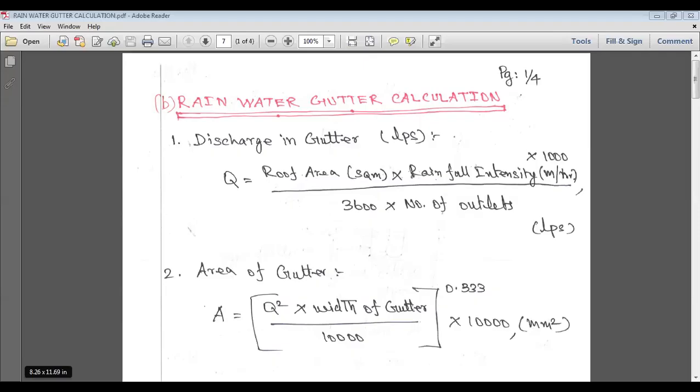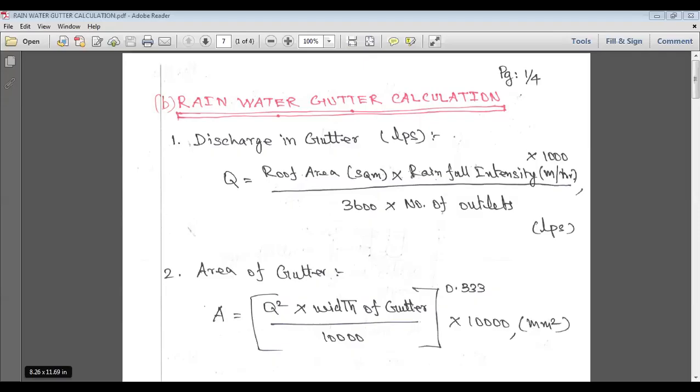Drainage pipe size calculation by using the Williams equation. Flow Q equal to area into velocity. Velocity V equal to 0.849 C into R power 0.63 into S power 0.54 meter per second.